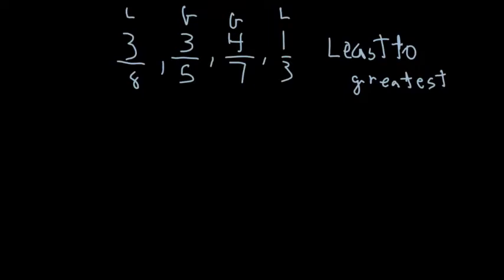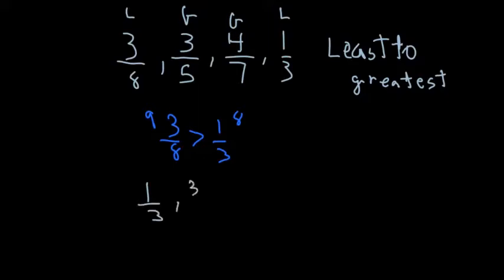So all I need to do is compare 3/8 and 1/3. 8 times 1 is 8, 3 times 3 is 9, so 3/8 is greater. So that means when we're ordering this, 1/3 is going to come first, and then 3/8. Now I just need to compare my 3/5 and 4/7.